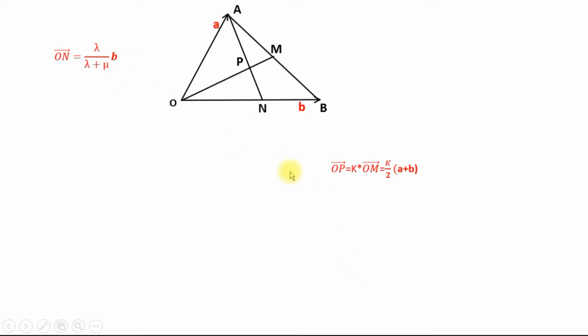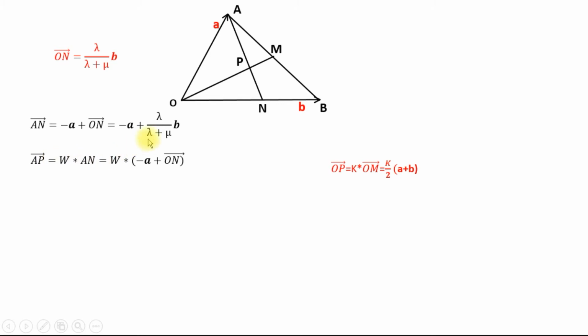Next, using the information we already have, we need to be able to write an expression for the vector AN. Now, AN is going from A to N. I will go from A to O and then to N. So it will be minus A plus ON. Now, ON, we have previously shown it to be this quantity there.